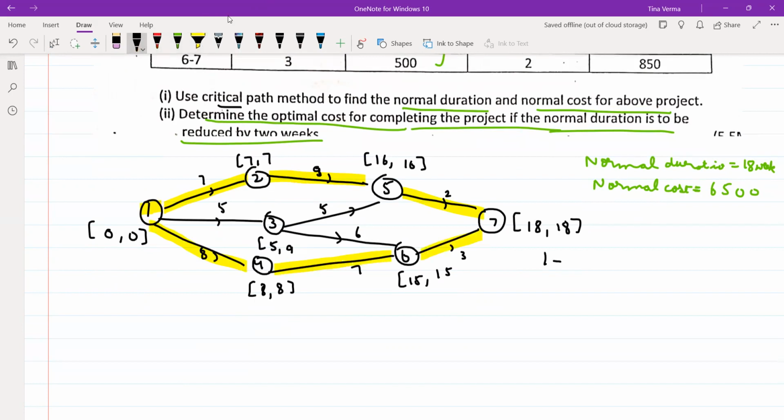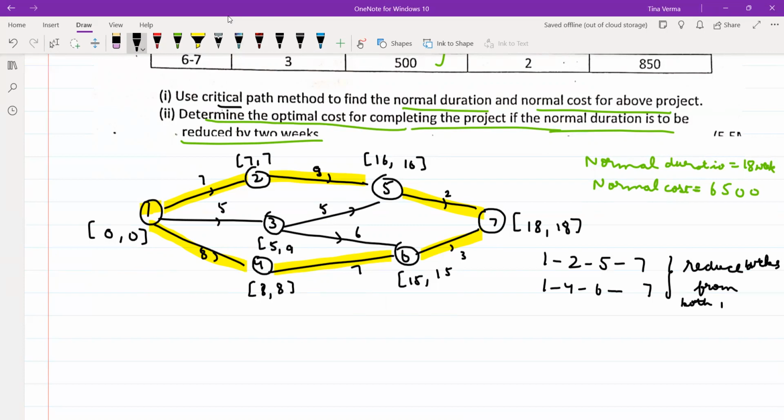So here you have two paths. Whenever you have more than one path, you have to reduce the weeks from both the paths.